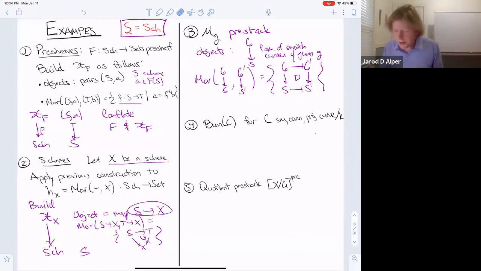Okay, and moving on now to vector bundles. So let's define the prestack of vector bundles over a smooth connected projective curve.